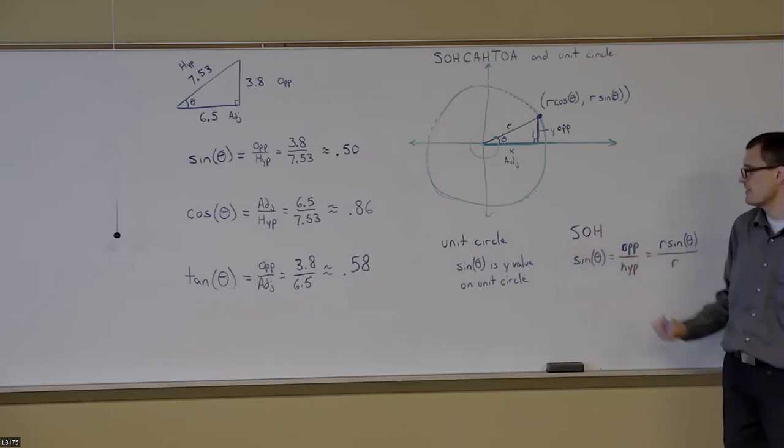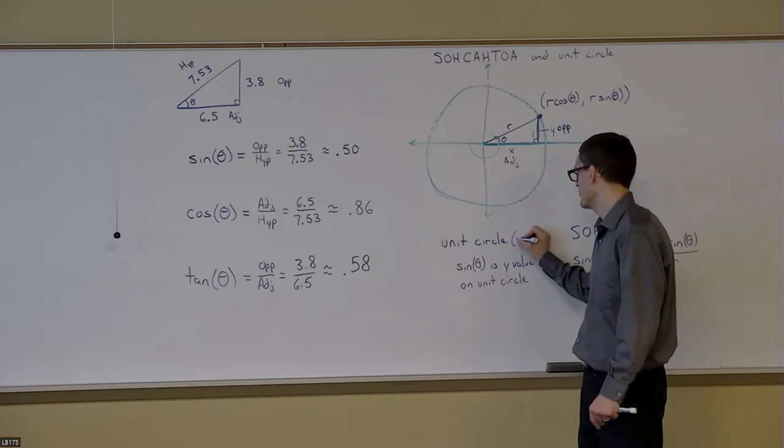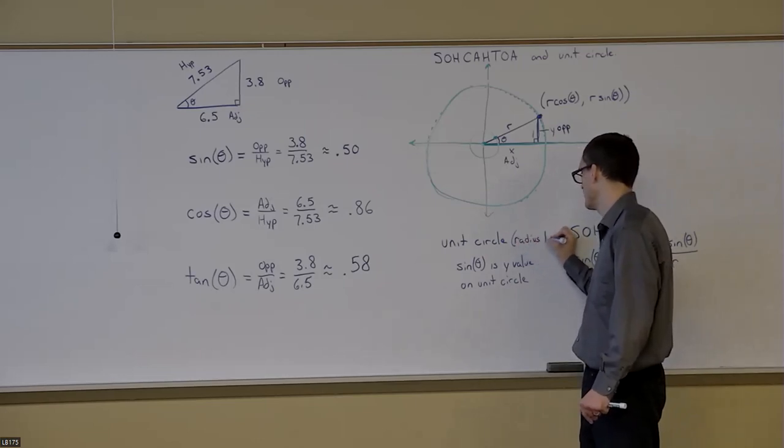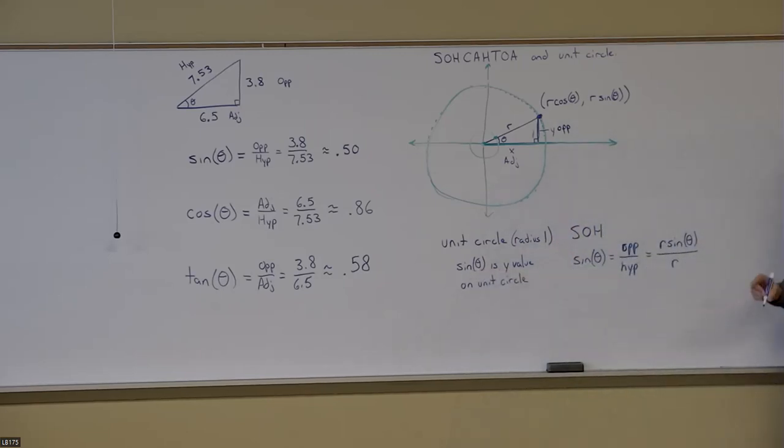On a unit circle, the radius is 1. So when we said sine is the y value on a unit circle, we were just using the SOH with r being 1 in some sense. We didn't have to use the hypotenuse. We didn't have to use the radius of the circle. But you get that?